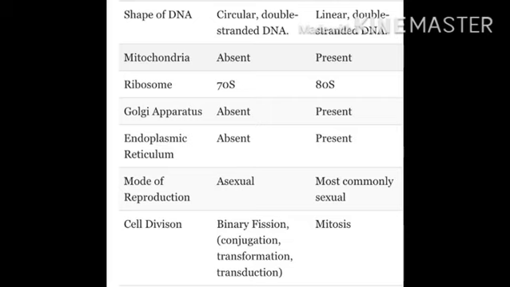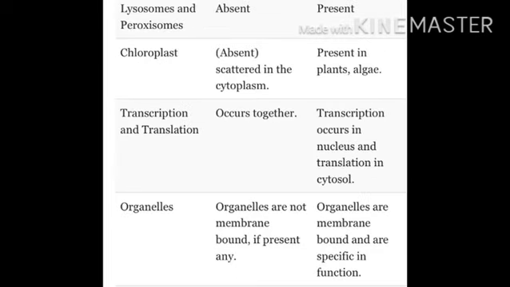Mode of reproduction in prokaryotic cell is asexual and in eukaryotic cell most commonly sexual. Cell division: binary fission, whereas in eukaryotic cell the process is mitosis. Lysosomes and peroxisomes are absent in prokaryotic cell and present in eukaryotic cell.